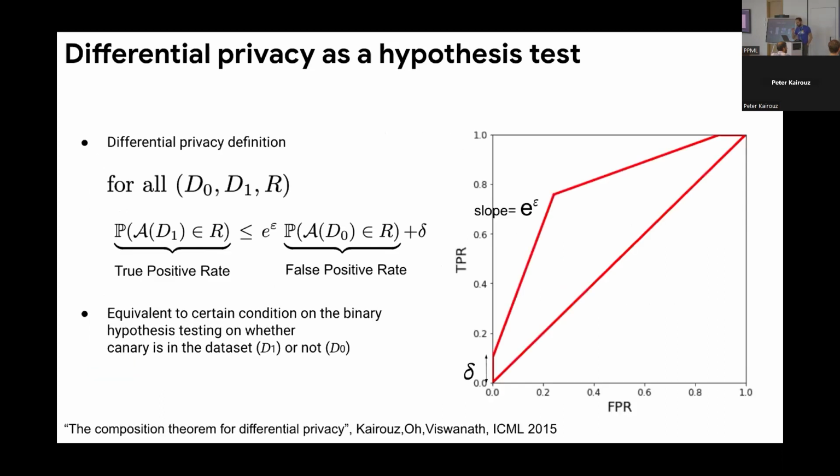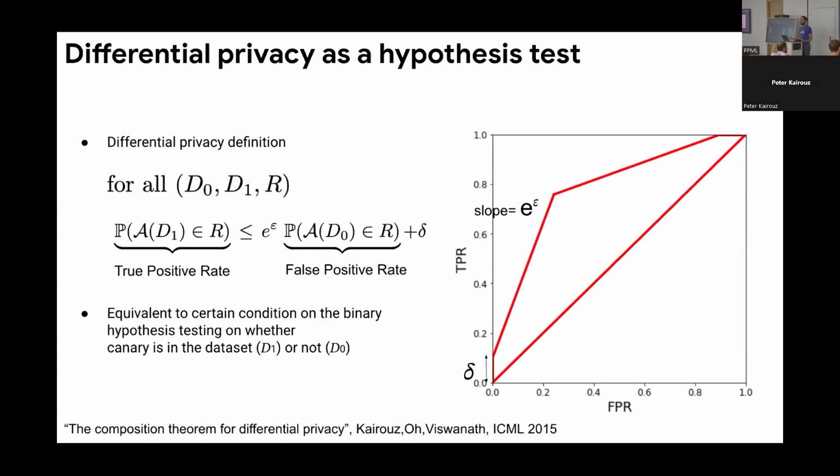And what DP tells us, and this is very exciting, is that if you train with DP, with an algorithm that is provably epsilon-delta differentially private, then it bounds the performance that any attacker can get.